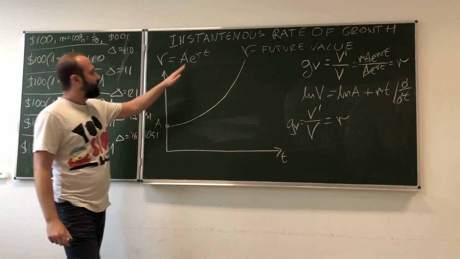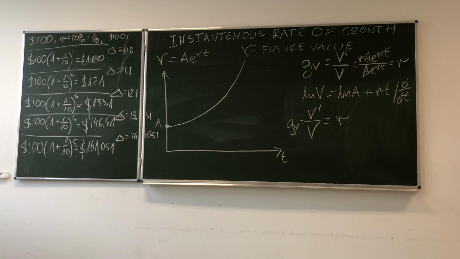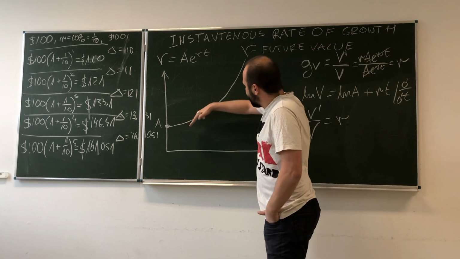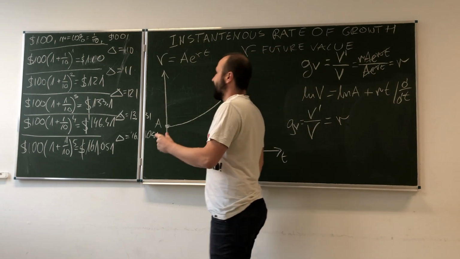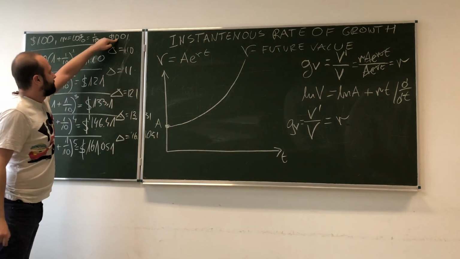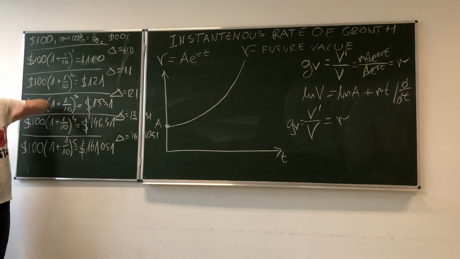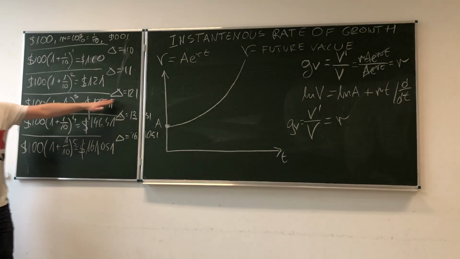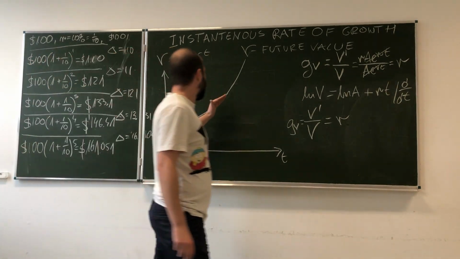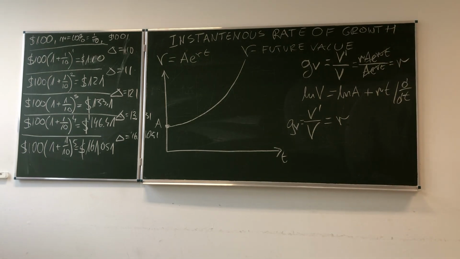Even though the growth rate here is constant, the amount over here is growing by a bigger and bigger number, because 10% out of $100 is $10. 10% out of $110 is $11. Out of $121 is $12.1. And this is why this function actually is going faster and faster and faster.